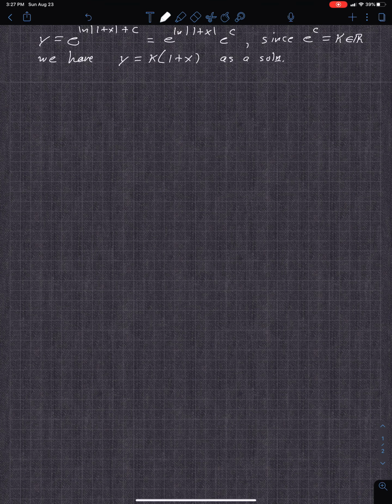This is the next example, number 23, page 46, in Nagle. So solve the initial value problem. This is an initial value problem.